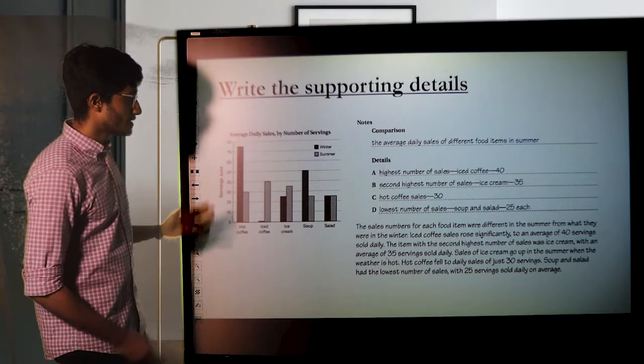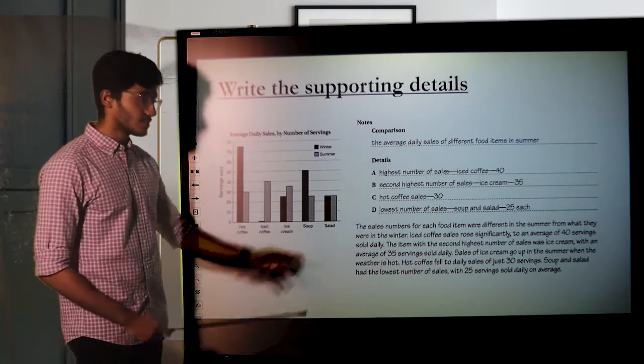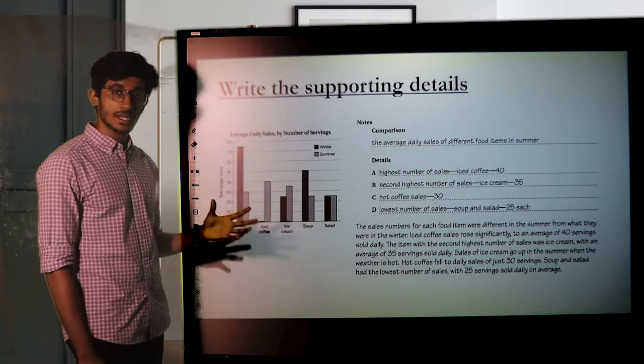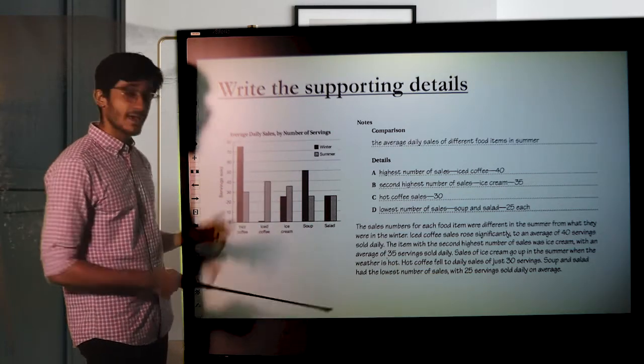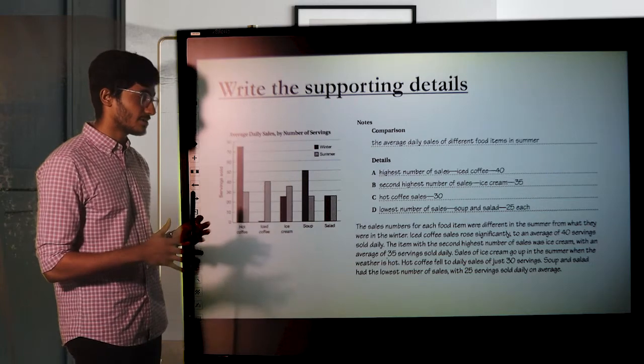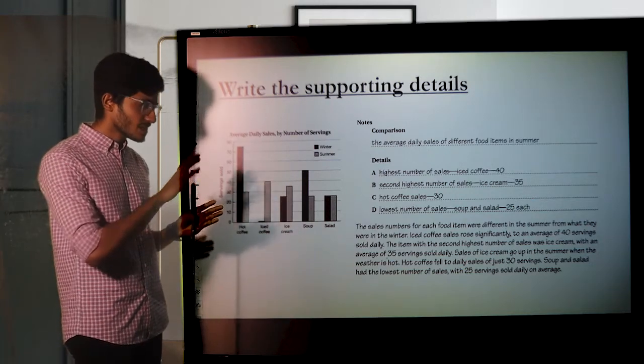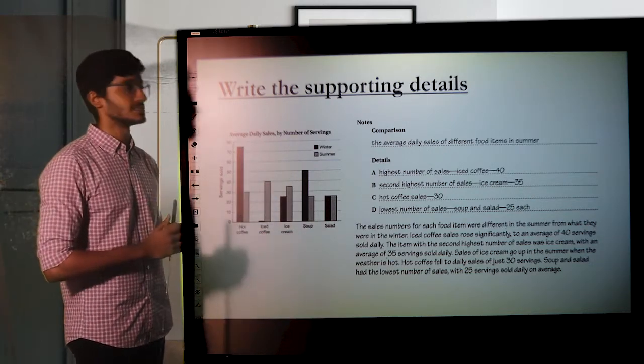Here you can look at the example for summer. I'm not going to read this out for you. You can read it in your own time. You can pause the video and check how they have fit one sentence with another and how they have constructed proper seamless sentences.